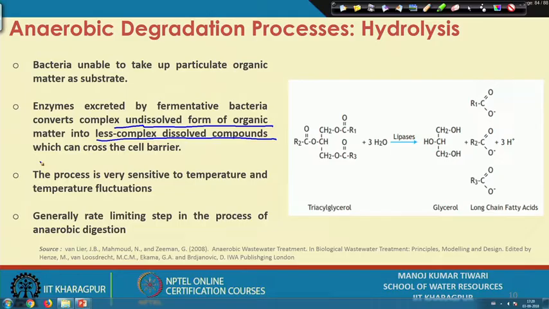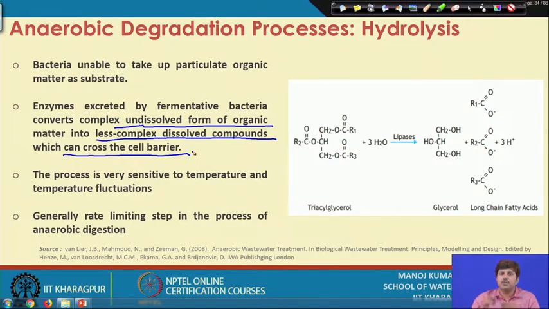Because these products are relatively less complex and are dissolved in the water phase, they can actually cross the membrane of the cell wall and enter into the system and provide the substrate to be utilized as a source of carbon or source of energy. So, that possibility actually increases, and that becomes the first and essential step for bacteria to be able to attack that.